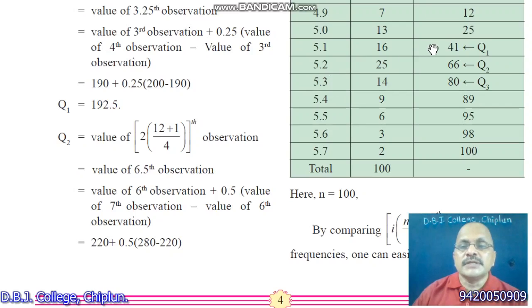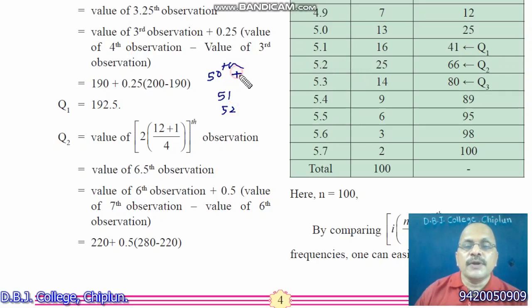The 43rd up to the 66th observations are 5.2. So the 50th observation is 5.2, and the 51st, 52nd, 53rd, all observations are 5.2.